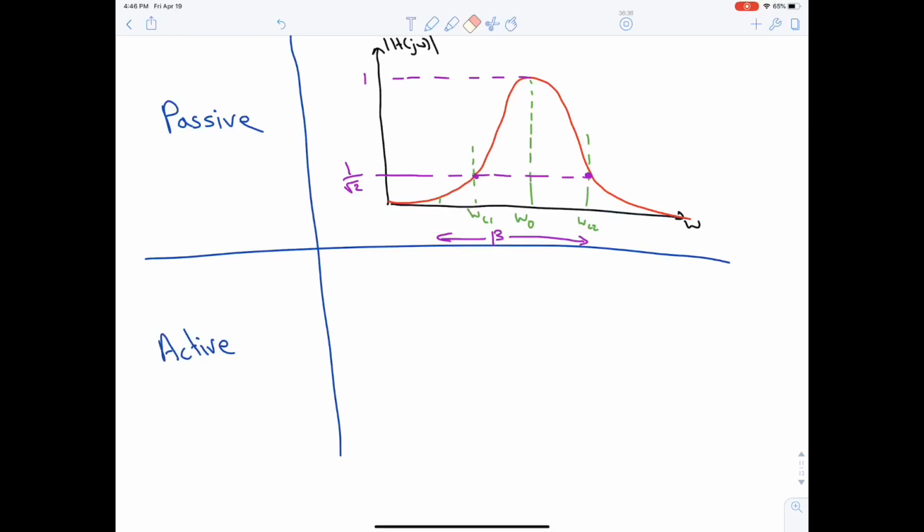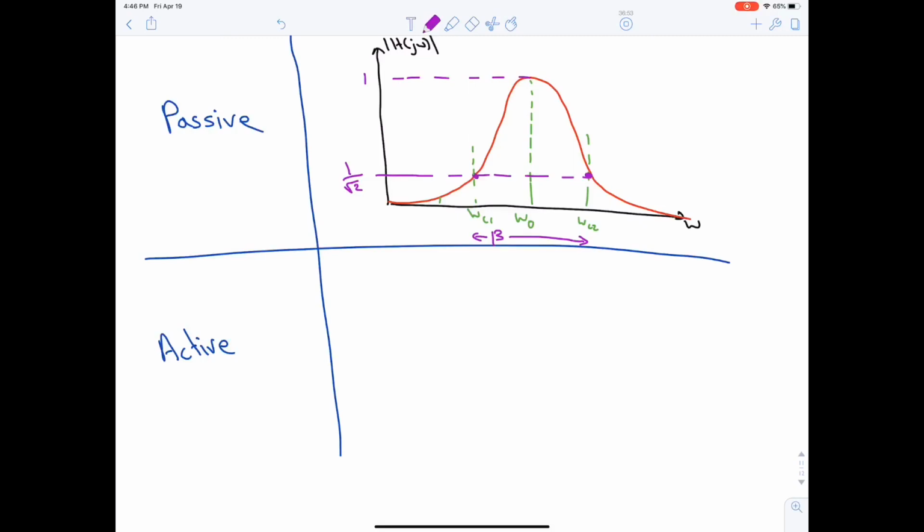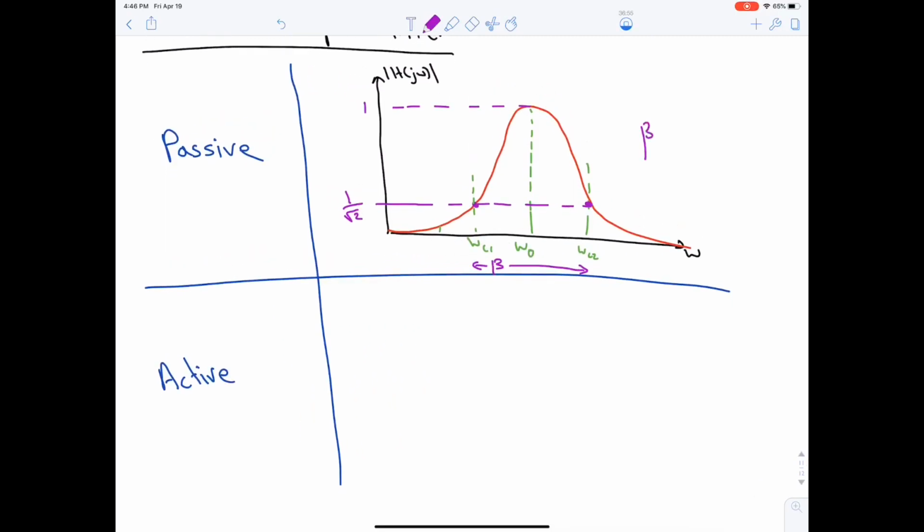This is omega C1. Okay, so what is beta? Beta was equal to omega C2 minus omega C1.